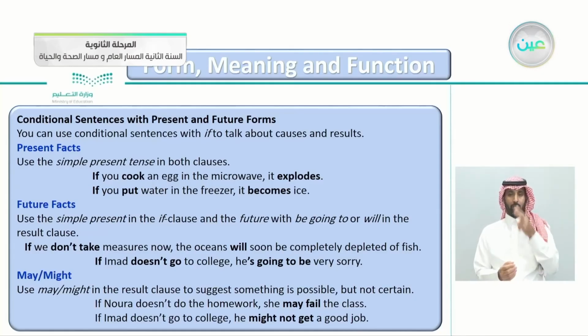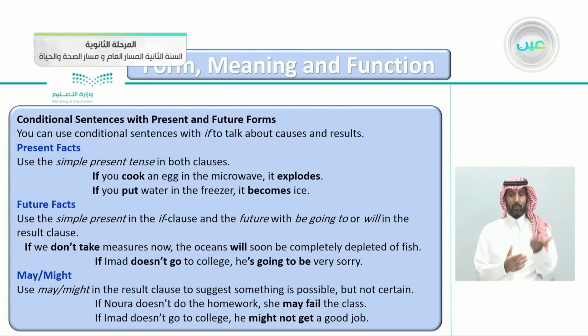Let's look at some examples here. If we don't take measures now, this is the if clause, we use the simple present. Now we're going to the result clause. The oceans will, this is the future will, soon be completely depleted of fish.